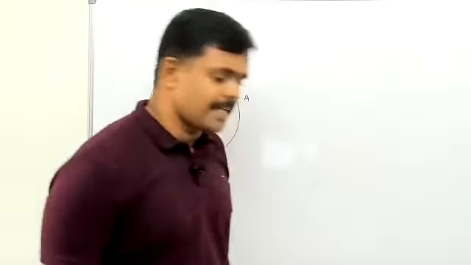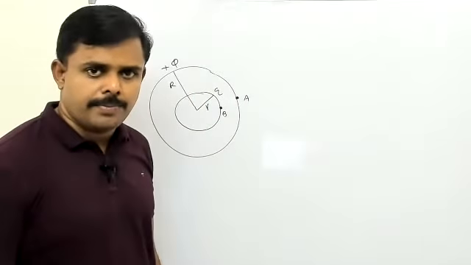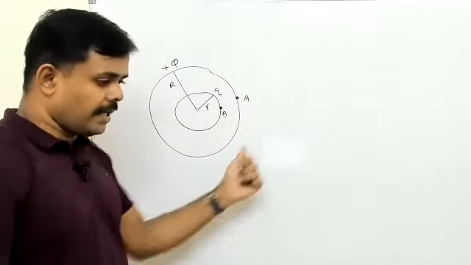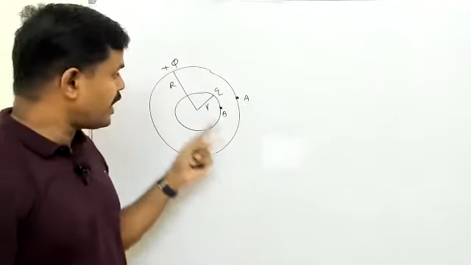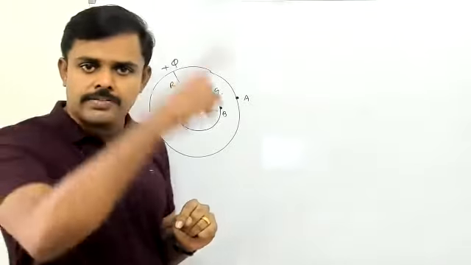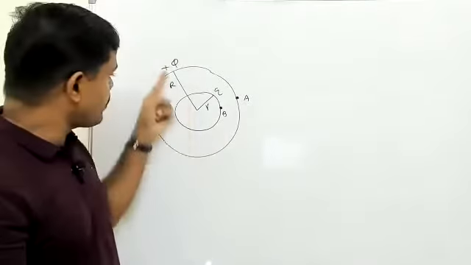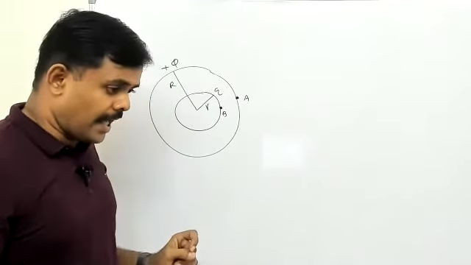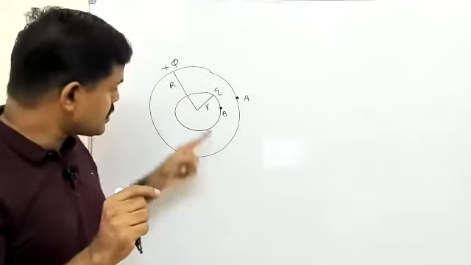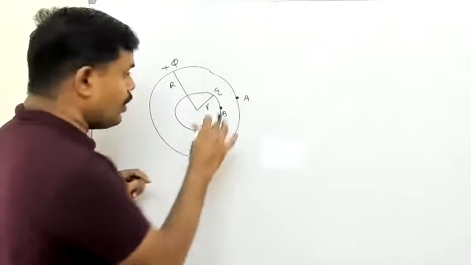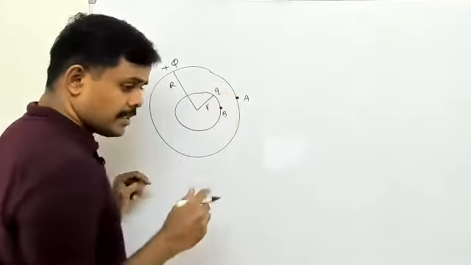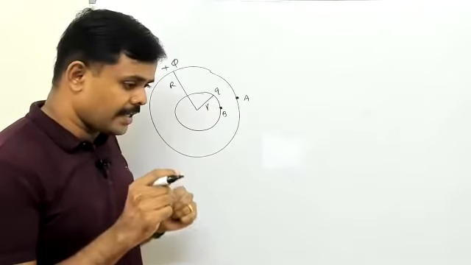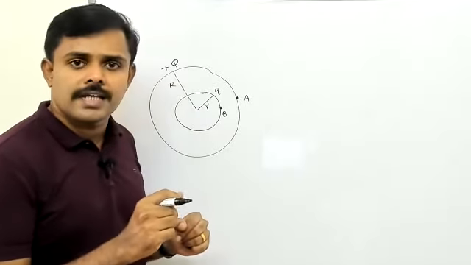Read the question again, one more time, please. A charge plus capital Q is placed on a large spherical conducting shell of radius capital R. Then another small conducting sphere of radius small r, carrying a charge small q, is introduced inside.